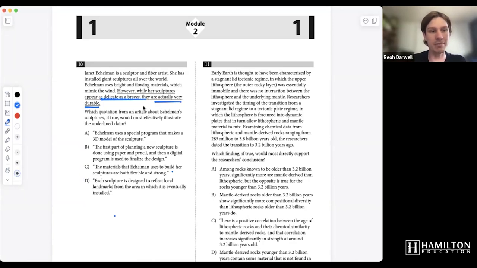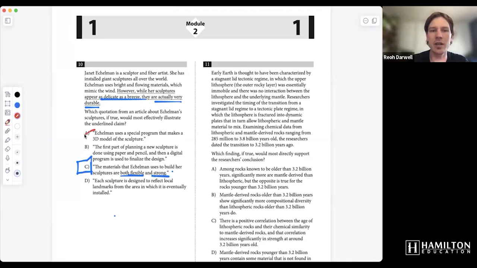So which quote will say these things are either delicate but durable, or they look like a breeze, or they are very durable? C. Clearly C says her sculptures are both flexible, meaning delicate as a breeze, but then strong, meaning durable. We have to know that durable and strong mean the same thing.